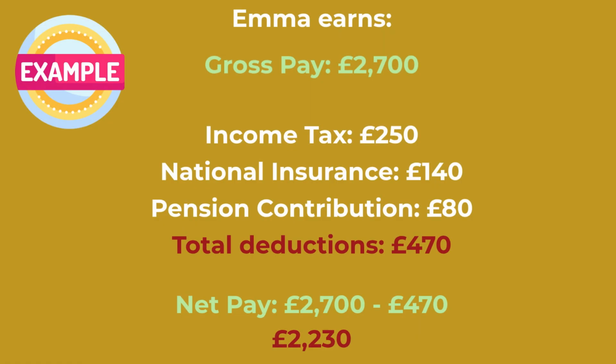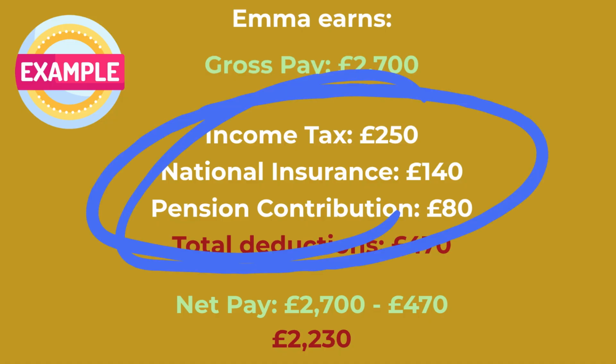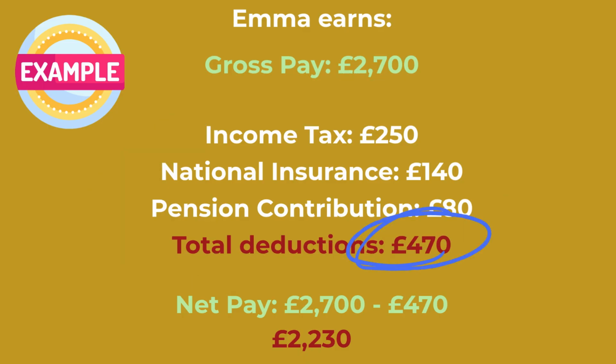Let's continue with Emma. Her gross pay is £2,700, and payroll calculates the following deductions: income tax, national insurance, and pension contribution. So it's the £250 plus the £140 plus the £80, a total of £470 in deductions.